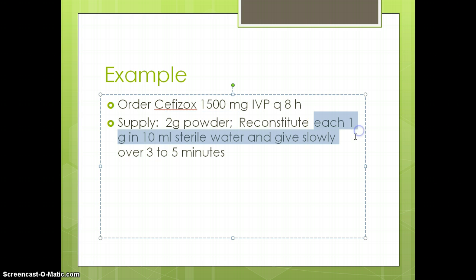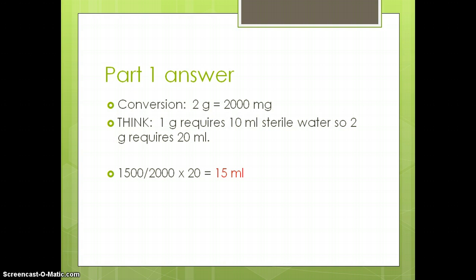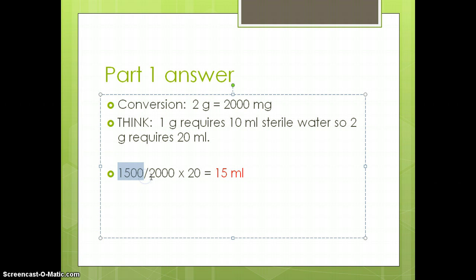Each 1 gram, so 1,000 milligrams, is in 10 milliliters of water. So 2 grams is going to be in how many milliliters of sterile water? 20, right? So you have 1,500 desired over have times quantity, which equals 15 milliliters.